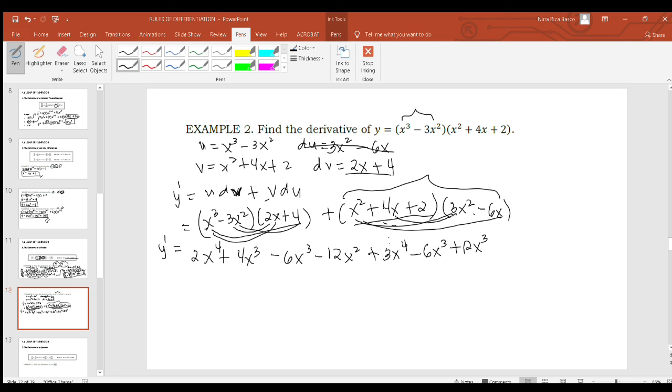And then 4x times negative 6x is negative 24x squared. Then the last term of the trinomial, which is 2, multiplied by 3x squared is equal to positive 6x squared. Then 2 multiplied by negative 6x is negative 12x.